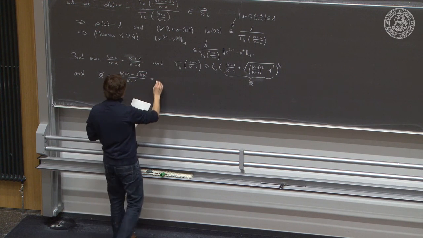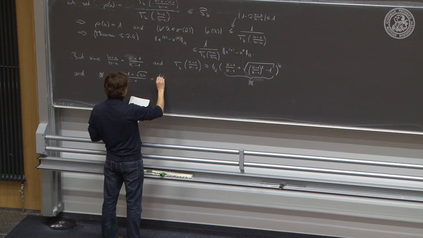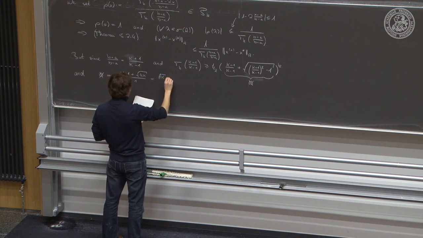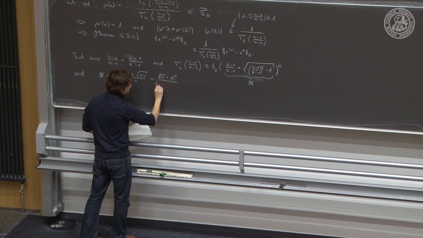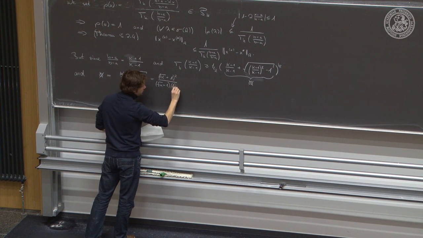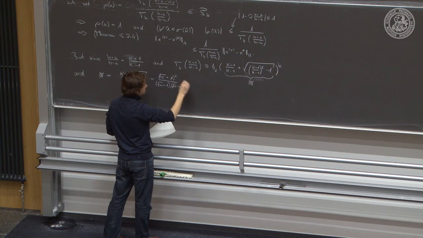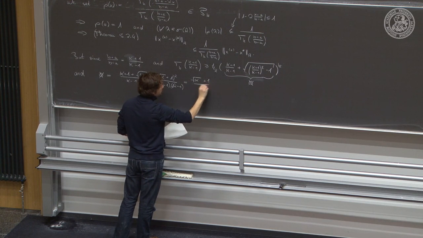And this is nothing but the square of the square root of kappa plus 1, divided by the square root of kappa plus 1 times the square root of kappa minus 1. And this is indeed the square root of kappa plus 1 divided by the square root of kappa minus 1.